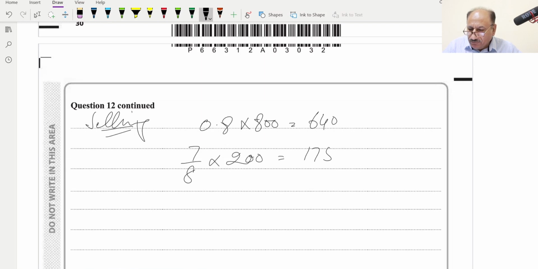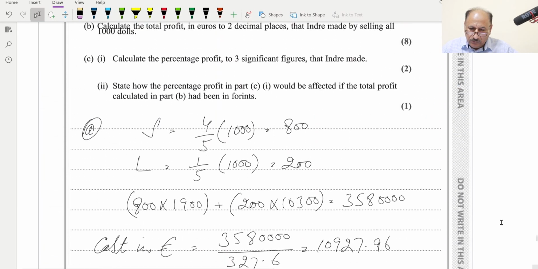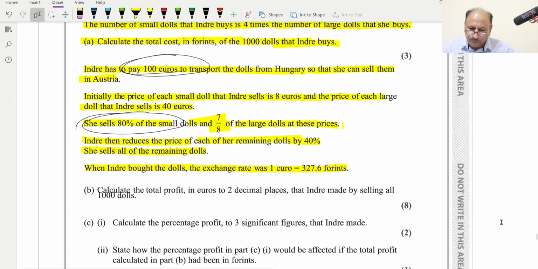So 175 large dolls are sold and 640 small dolls are sold, and the price at which they are selling is what? 0.6 multiplied by 8.